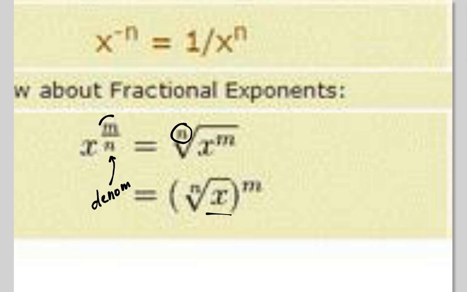And then the numerator, m, can just stay there. It just stays as a power. Now you can put the power m directly on the base, or you can do what I typically do myself, which is I evaluate that radical first and then apply the m after.